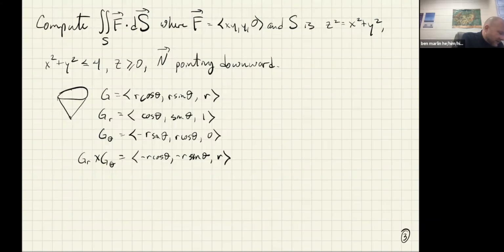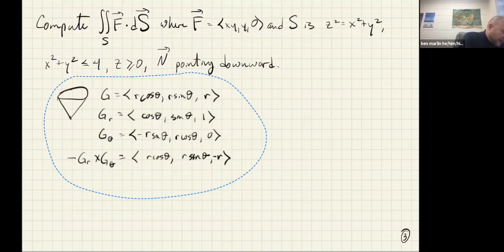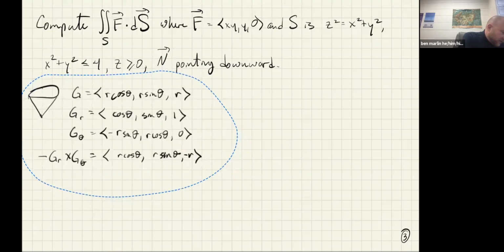I can just say this is the negative of it, because the negative would be the G sub theta cross G sub r, and multiply everything through by a negative. Remember that when you change the order of a cross product, it will change the sign there. All right, so grab all that, push it over to the side a little bit there.